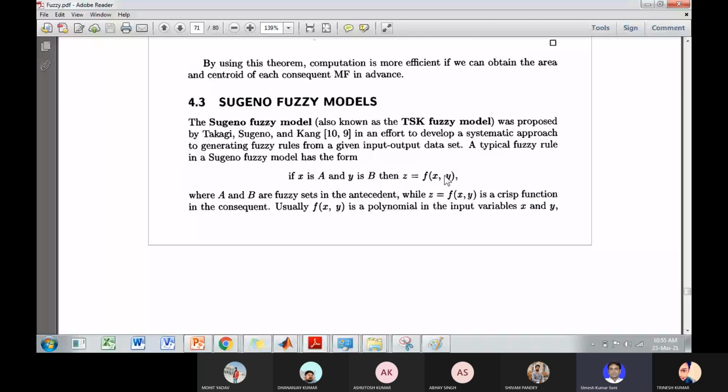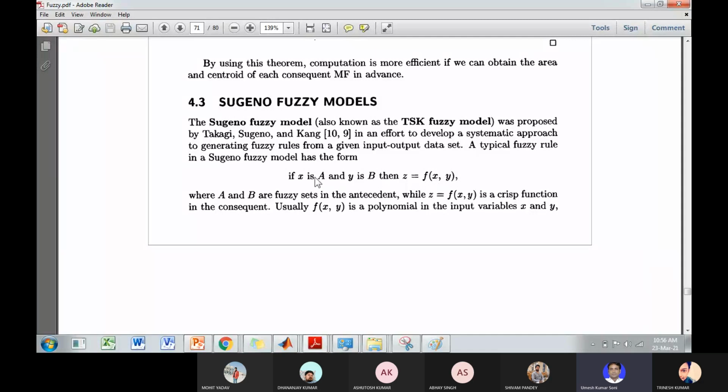Then output is mathematically represented in terms of the values of x and y. अगर x फजी मेंबरशिप फंक्शन a के रेंज में है, मतलब suppose a is very low, x is very low and y is b, y is also very low.